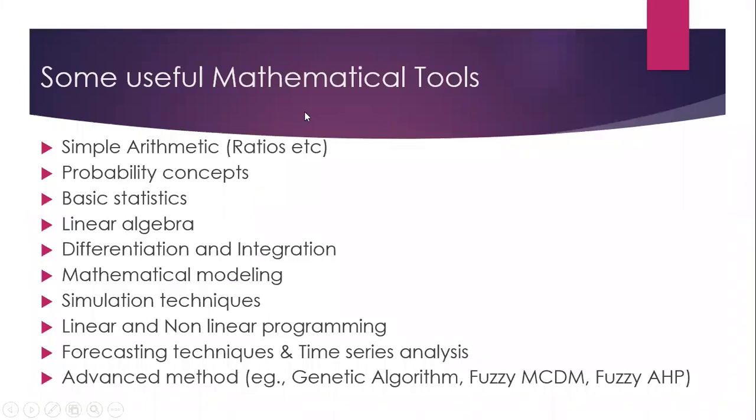Some of the useful mathematical tools in supply chain management include simple arithmetic like ratios, probability concepts, basic statistics, linear algebra, differentiation and integration, mathematical modeling, simulation techniques, linear and non-linear programming, forecasting techniques, and time series analysis, and advanced methods like genetic algorithm, fuzzy multi-criteria decision, or fuzzy AHP.